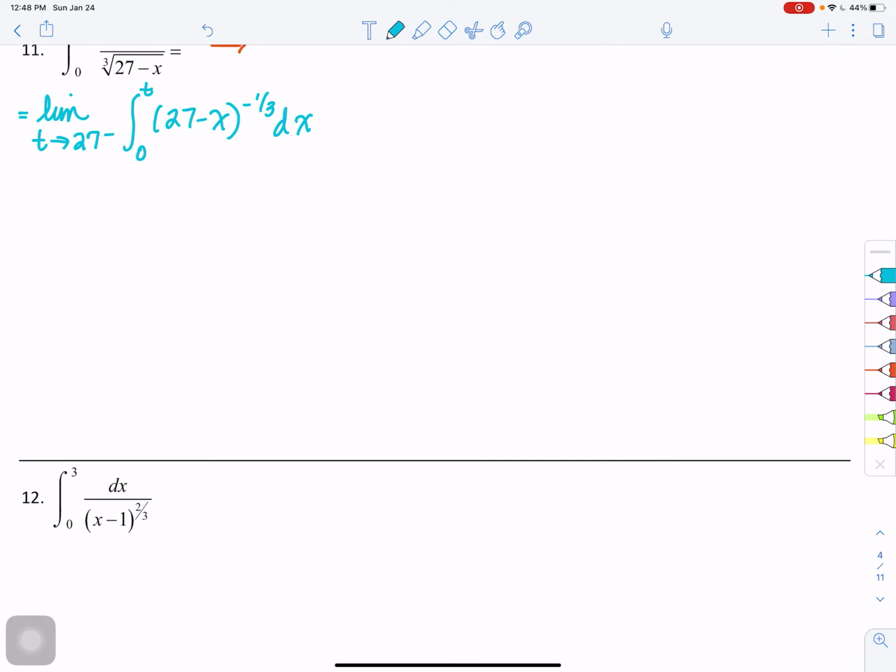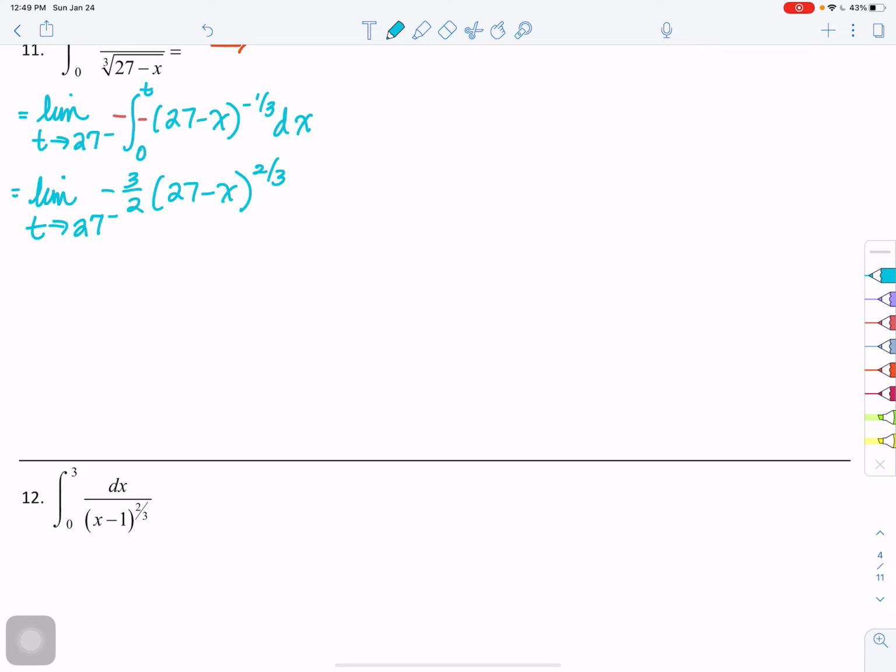And you could think about this with u substitution, but you could also see that the derivative of the something is a negative 1. So I need a negative here so I can place a negative on the outside. Then you have the derivative of your something. So we take the limit as t approaches 27 coming from the left. We're going to add 1 to this. So 3/3 minus 1/3 is 2/3, and then divide.